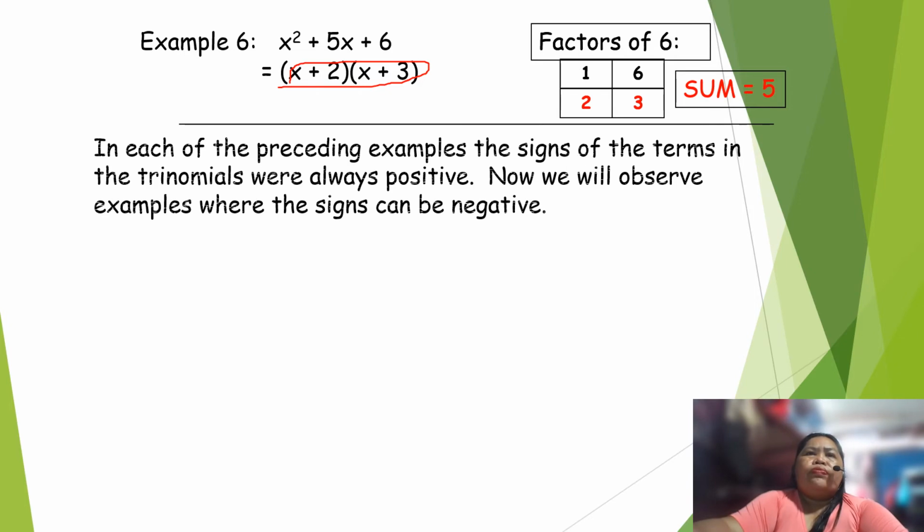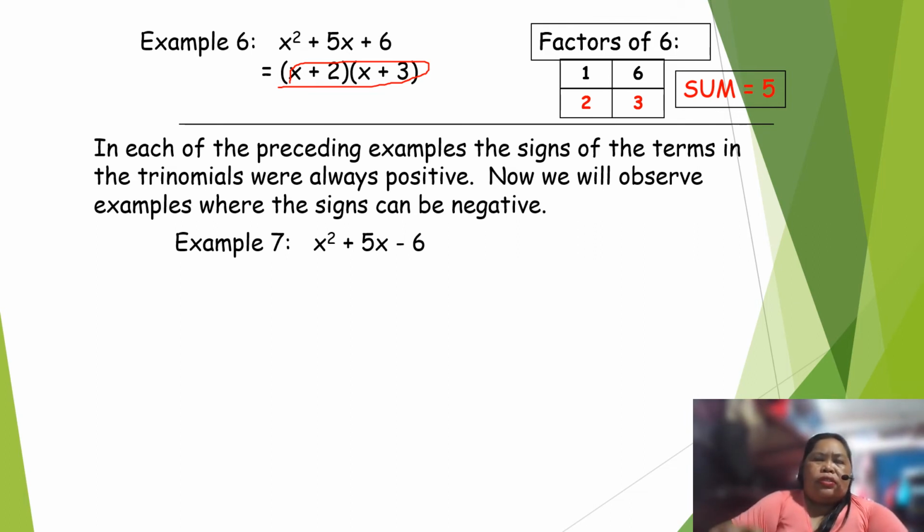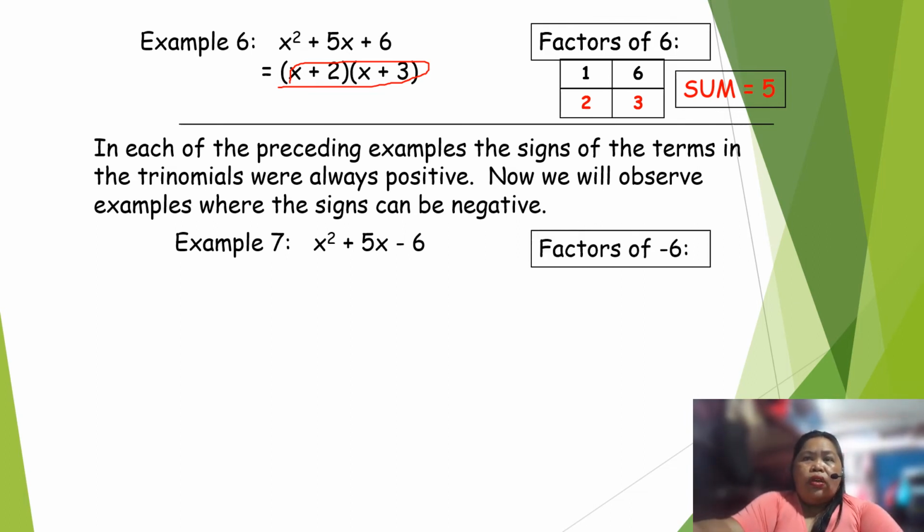Next. In each of the preceding examples, the signs of the terms in the trinomials are always positive. Now we will observe examples where the signs can be negative. For example, x squared plus 5x minus 6. Of course, we need to find the factors of negative 6.